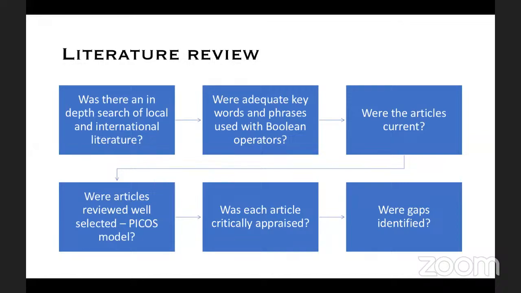And then the ones you are actually reviewing, did you have a good exclusion criteria or inclusion criteria? Are the population similar, the intervention similar, the comparison group similar, and the outcome similar, as well as the study design reports? That's the PICOS model. For any article you want to review, you want to say, oh, the population in this article, is it the same as mine?